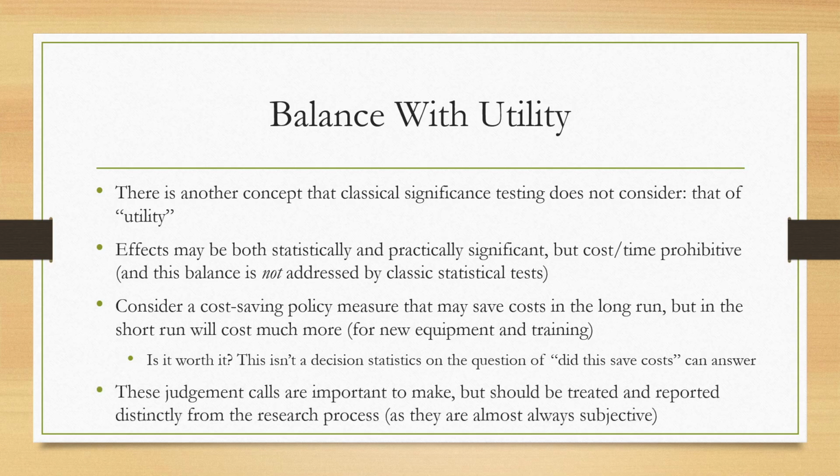Now, I mention this because it's important to remember that when you deal with these types of judgment calls, you need to treat them and report them distinctly. So when we're telling our statistical story, it's important to be clear about the type of evidence that we have for our claims.